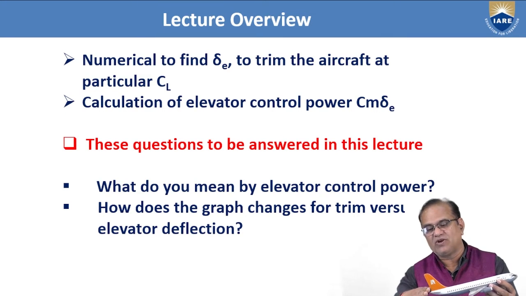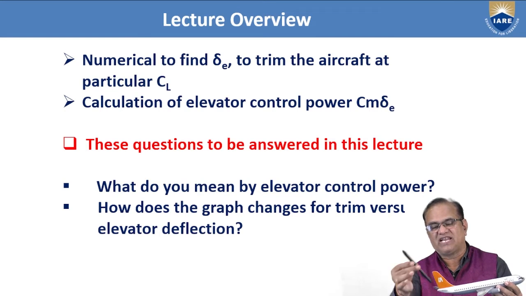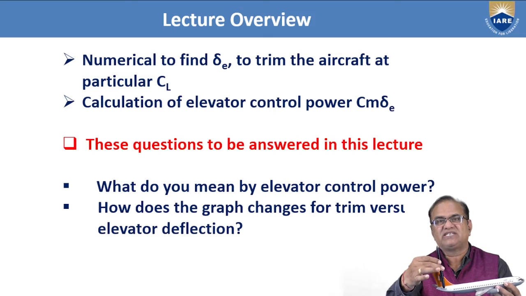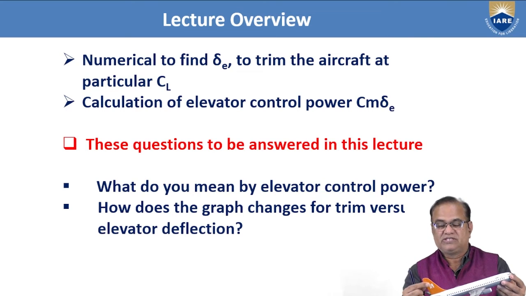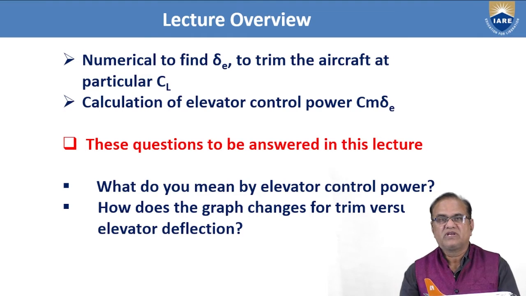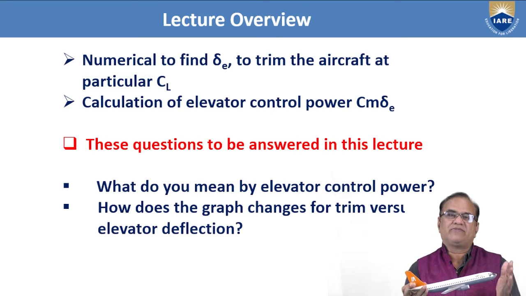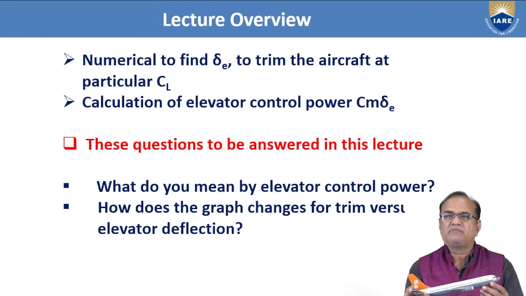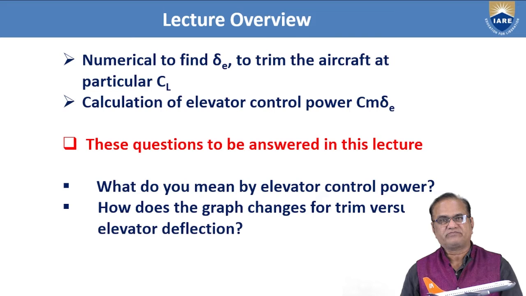If the elevator is going downward, the wind is coming from this direction, a force will generate in this direction. So the tail will go up and nose will go down. So the elevator control is used to make the aircraft pitch up or pitch down. And just now I have explained what pitch up and pitch down are.